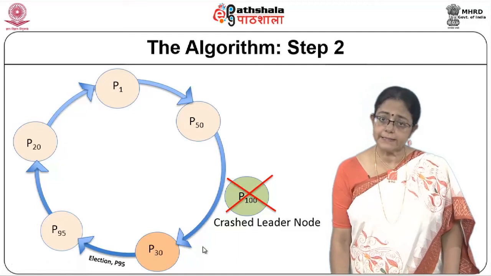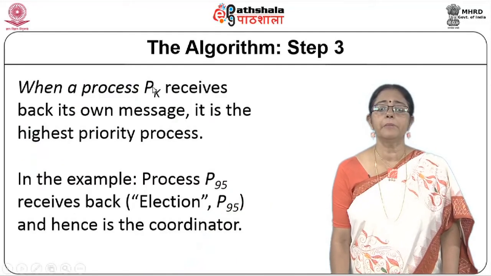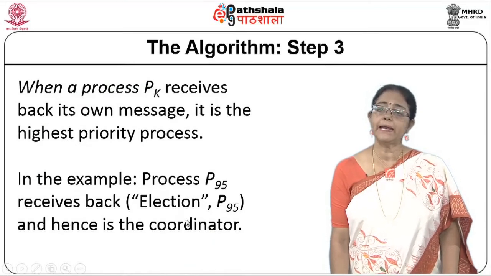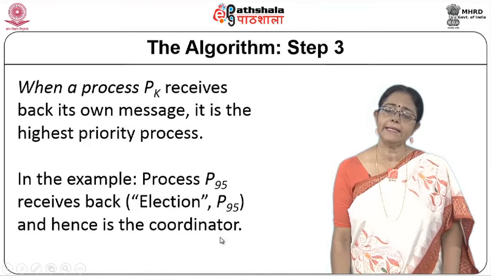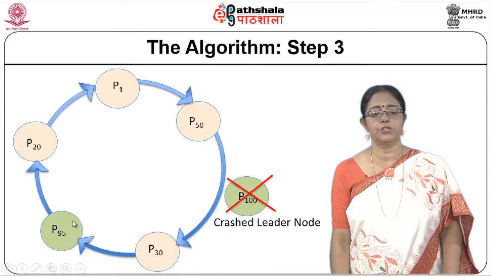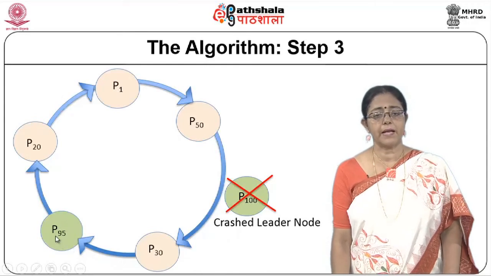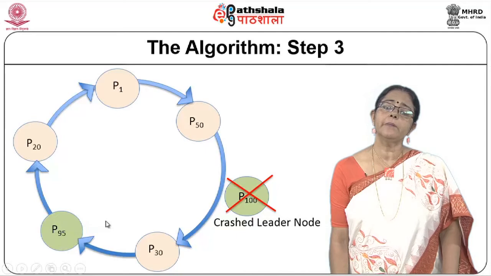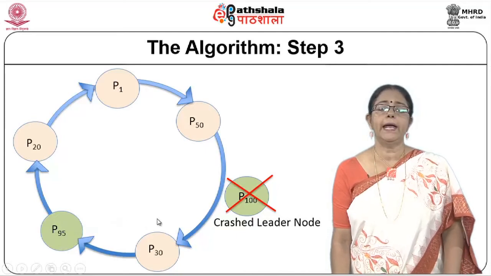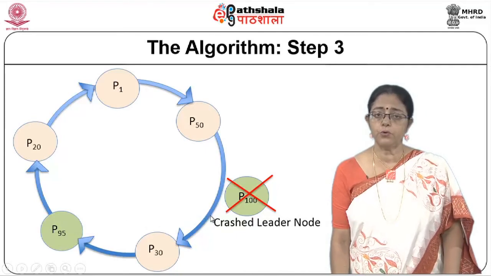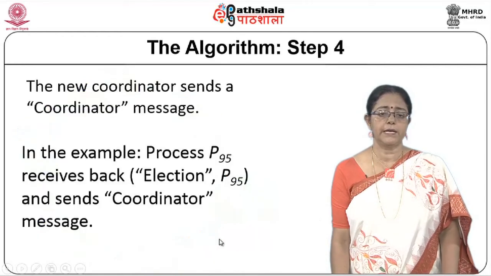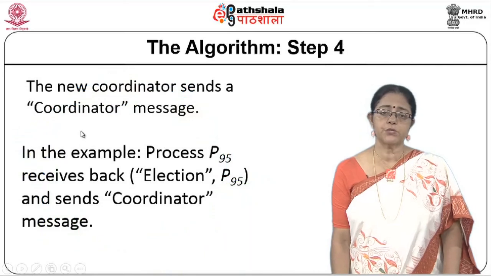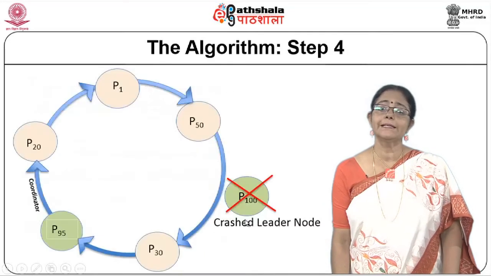This is the third step of the algorithm, which says that when process Pk receives back its own message, in this example P95 received back the message election comma P95, and hence it understands that it is the coordinator. So, P95 has now become the coordinator. After becoming the coordinator, it has to go to phase 2 and inform all the other nodes that it is the coordinator, because other nodes are not aware of who the coordinator is. So, step 4 has to be executed, where the new coordinator sends the coordinator message.